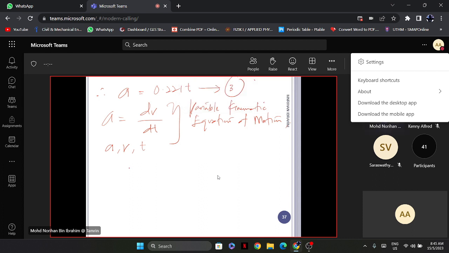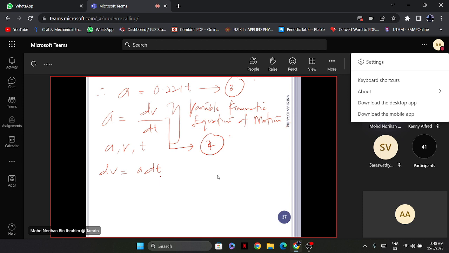In this case, we need to rewrite these equations. Based on this equation, a is equal to dv over dt, let's consider this as equation 4. So dv is equal to a dt.